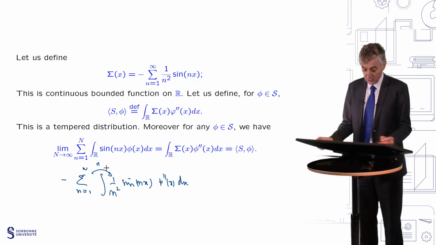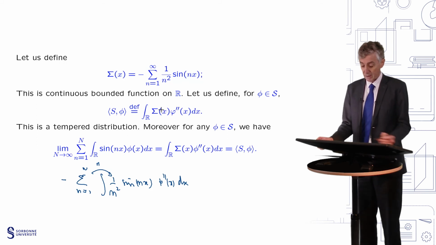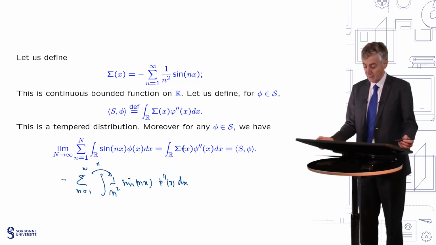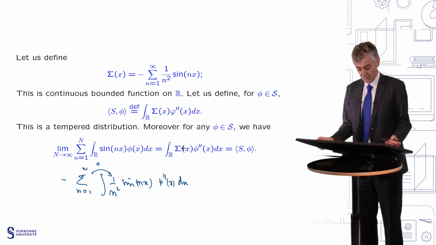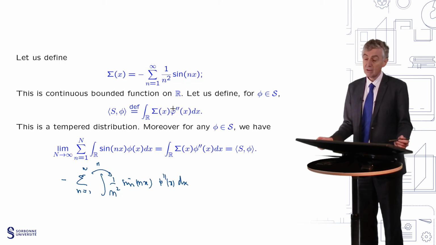This is uniformly convergent to sigma. And then you pass to the limit in the integral and you find the result. So we have proved that the limit of the sum of sin(nx) is a tempered distribution that associates to phi the integral of sigma of x times the second derivative of phi. And this concludes the series of examples of tempered distributions.